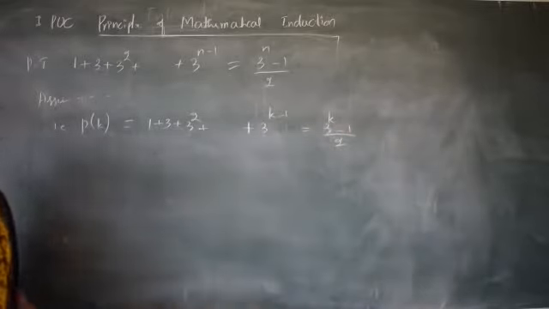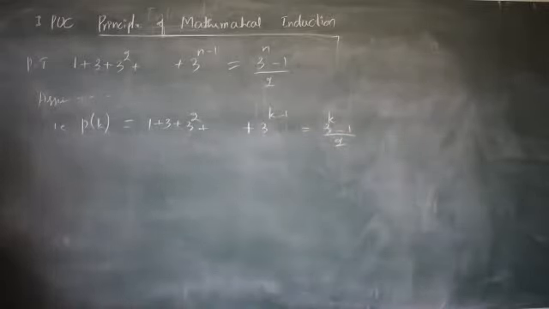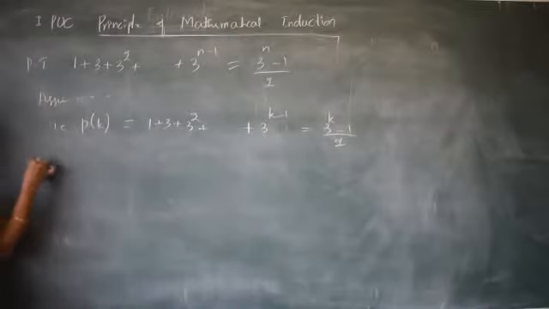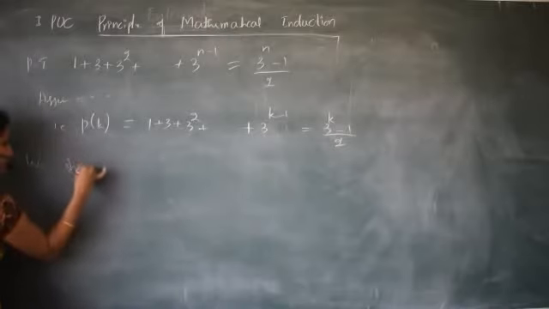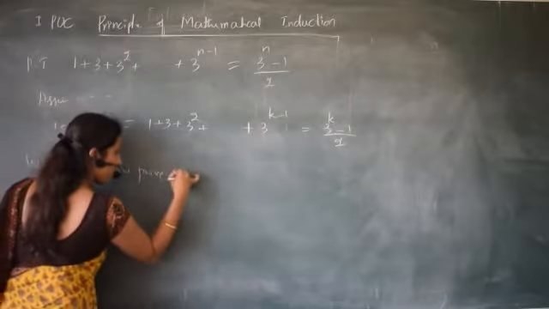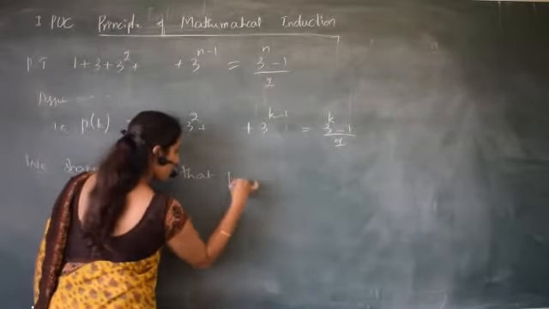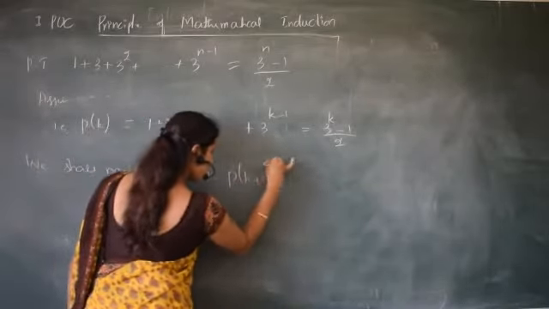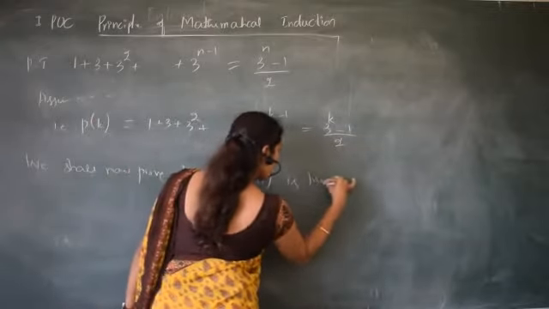So this is what we have written for the kth term. We shall now prove that P of k plus 1 is true.